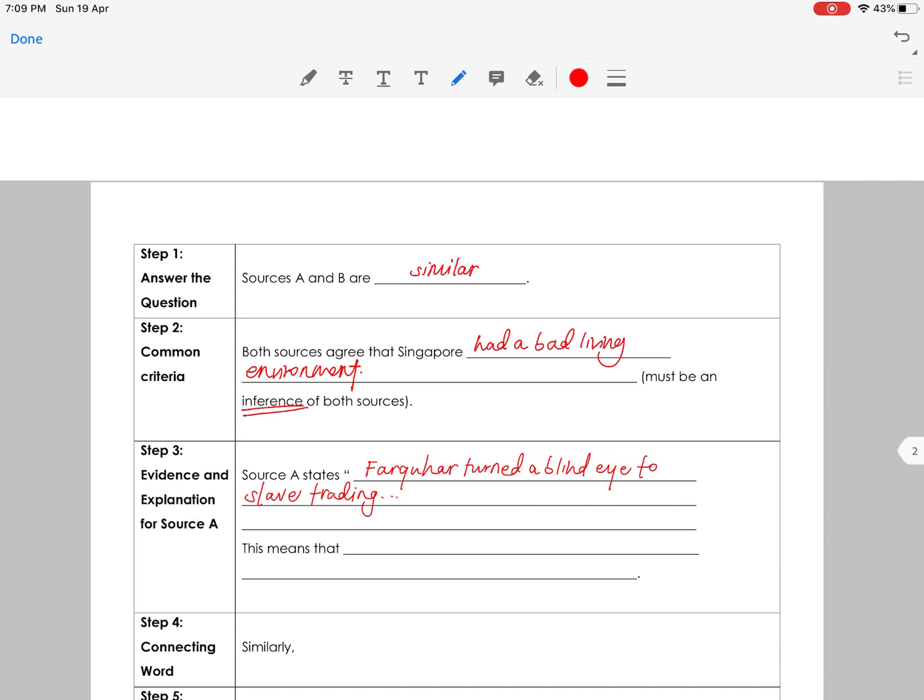So Farquhar turned a blind eye to slave trading, and then finish up the sentence. Make sure you finish up.